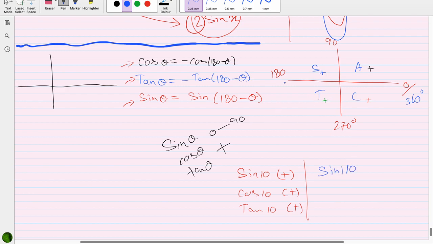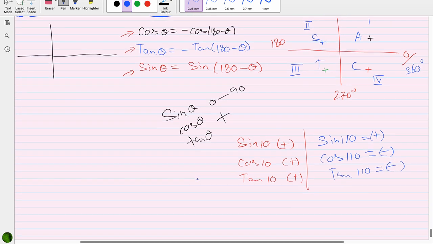It is more than 90 and less than 180, so we are in the second quadrant, where only sine is positive. When you punch sine 110 in your calculator, you will get a positive answer. For cos 110, you will get a negative answer. For tan 110, you will again get a negative answer.